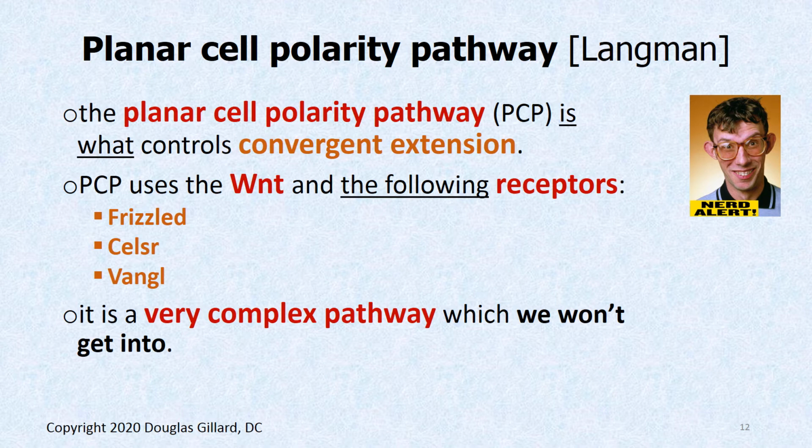It's a super complex pathway, but all I'll say is Wnt is used, and some receptors have to be made as well. Frizzled, Celsr, Vangl. Those are the three receptors that are involved in the planar cell polarity pathway.